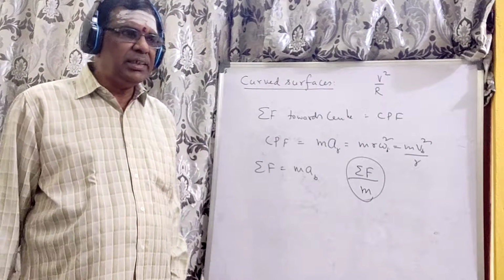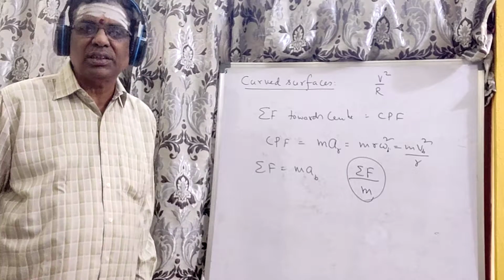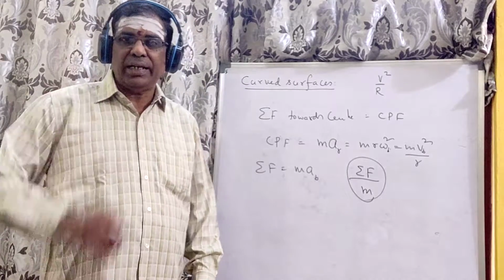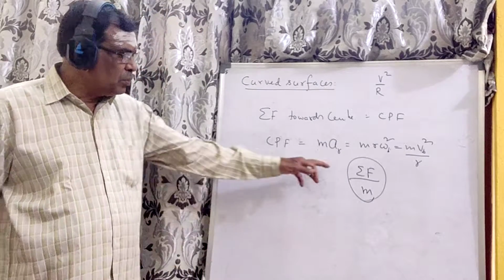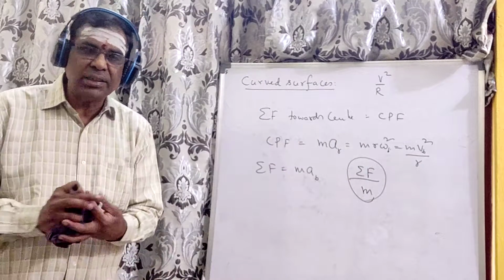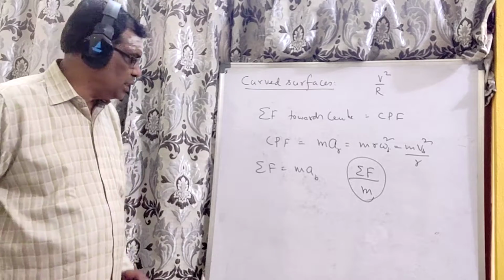We have a tendency to give acceleration as rate of change of velocity. That is a way to calculate acceleration. The definition of acceleration is net force acting on the body per unit mass of the body. That is what we call acceleration.